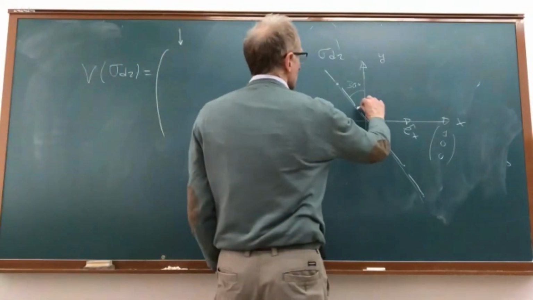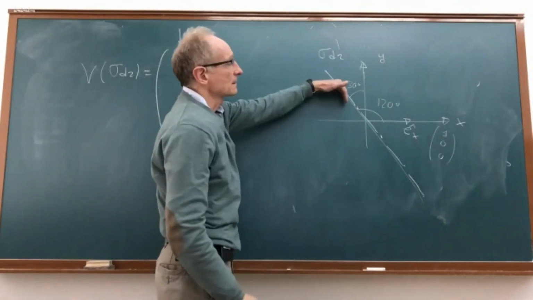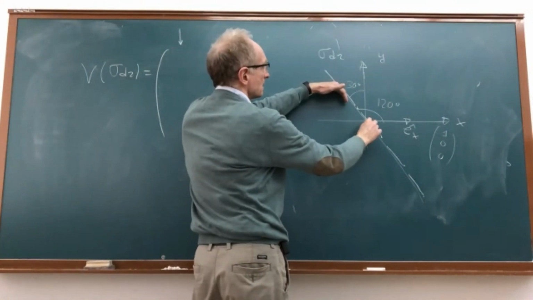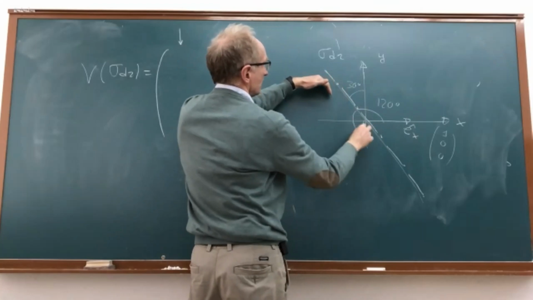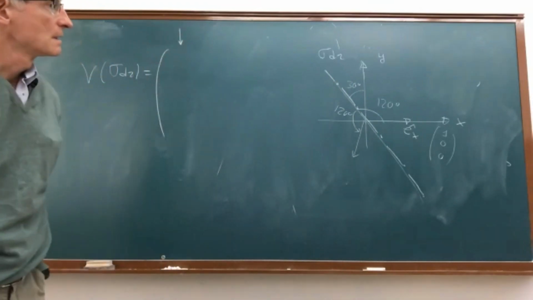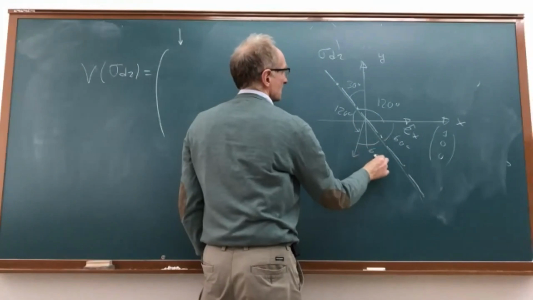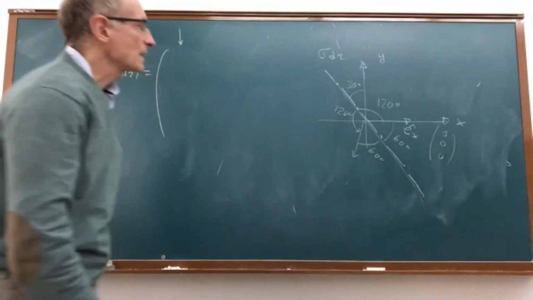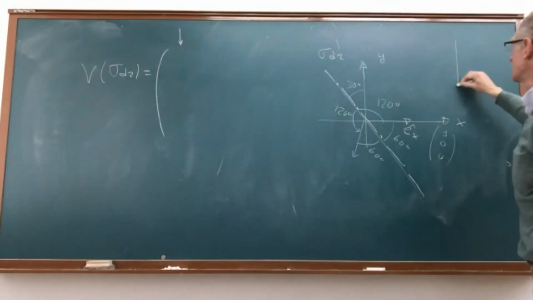Well, this is 120. If I reflect this on this plane, this is going to be 120. Okay? Or if you want, if this is 60, this is 60. It's exactly the same thing. Okay? So basically, that's the only thing.